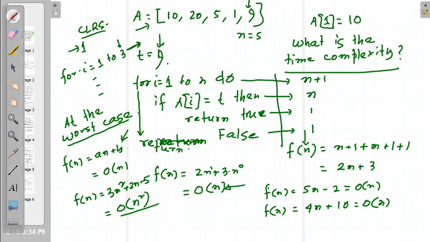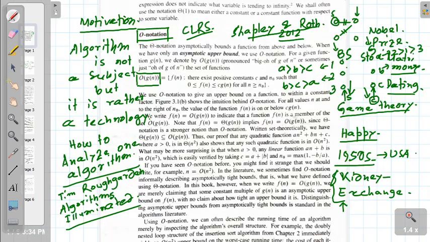So you are going back now. So this definition is exactly like this. So this is order of g(n) equal to a set of functions f(n), okay? We have seen that this order of n equals 2n plus 3, 4n minus 10, 5n plus 2.